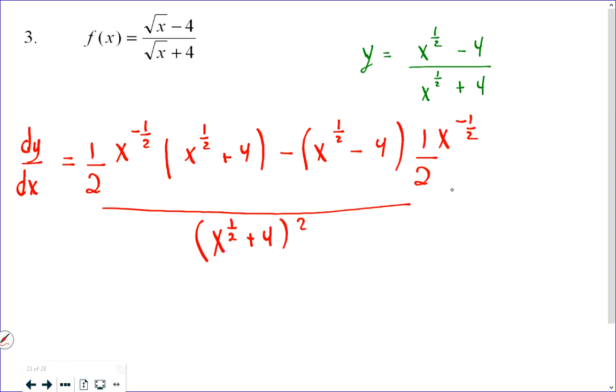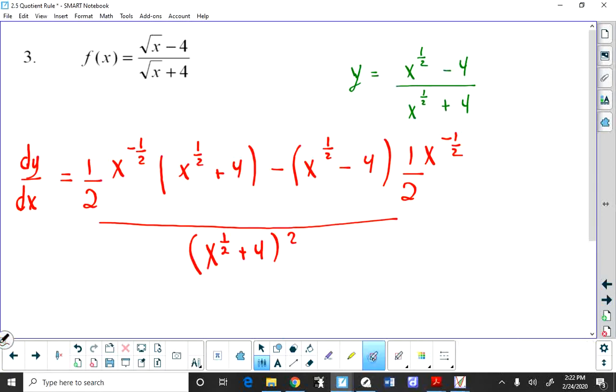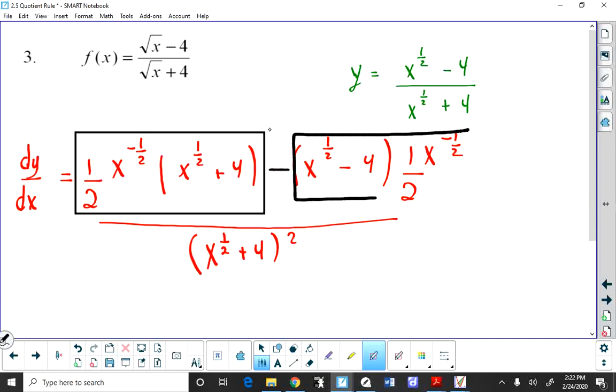Now this is a visual thing that you're looking at here. You need to recognize that there are two terms on the top. You have this term minus this term. That's what you have on the top. And they both have a common factor of 1/2 x to the negative 1/2. So we're going to factor that out.